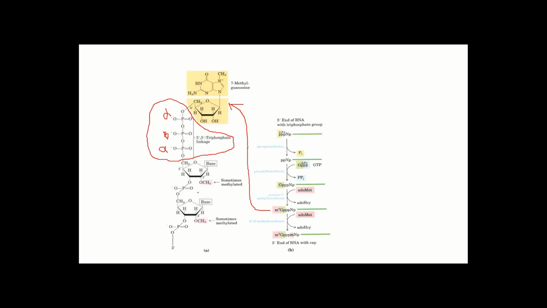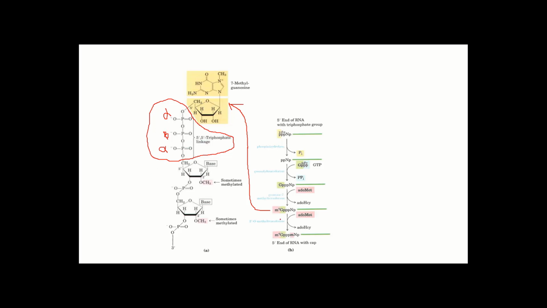So this 5' nucleotide of the RNA has one alpha phosphate and another beta phosphate, and it will make a covalent bond with the guanosine, which is methylated at the N7 position to produce 7-methyl guanosine. So this 7-methyl guanosine will make a covalent bond with the 5' end of the mRNA.